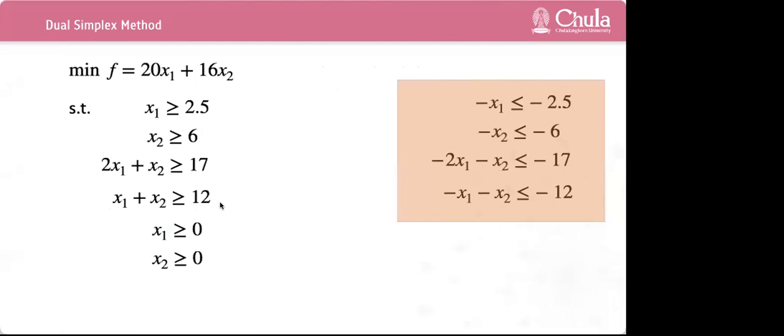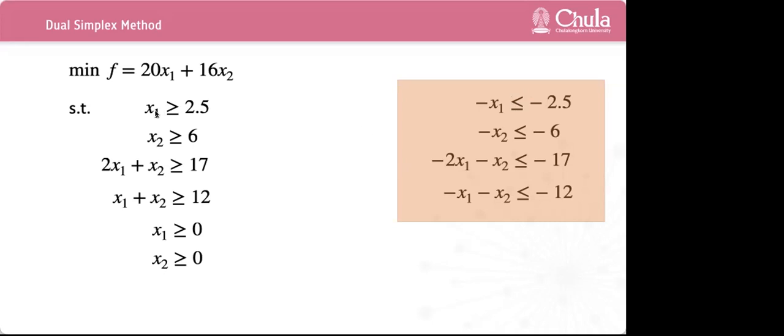The right hand side must be positive, and the relationship must be lesser or equal. Because if it's greater than or equal like this, we need the two-phase method. But for the dual simplex method, you just transform the greater or equal to lesser or equal like this.